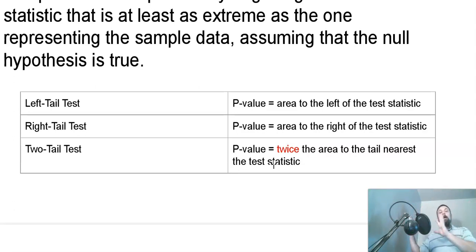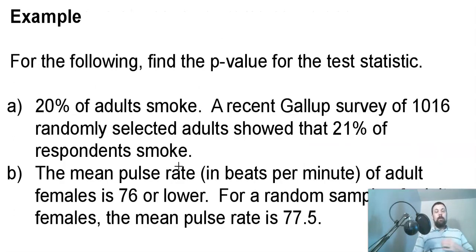You just want to compare a number to alpha, whatever it happens to be. So instead of dividing the alpha by 2 to make the comparison, you double the value of the area you get from the test statistic to make the comparison. So rather than dividing alpha by 2, you double this value from the test statistic, and that becomes your p-value. All right, so let's find the p-value for these test statistics here.